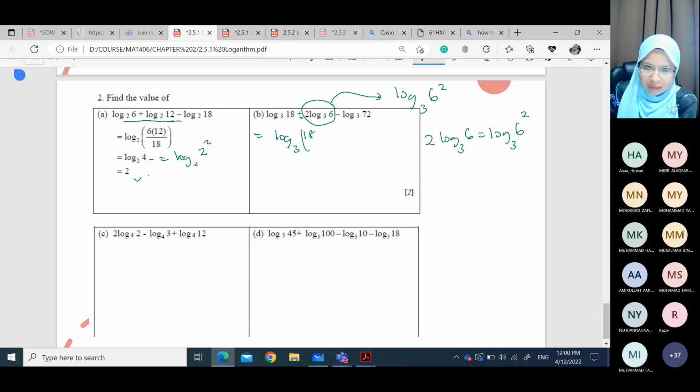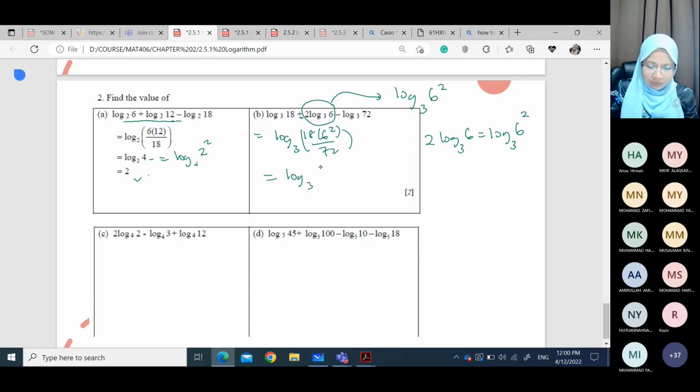Ini kita guna hukum yang pertama tadi. So now we have 18 times 6 to the power of 2 over 72. So nilai dia adalah log 3. So yang ni 18 darab dengan 36 bahagi 72. You akan dapat log 3 9. And the answer here is sama juga dengan log 3 3 to the power of 2. So the answer here is 2. So jawapan dia adalah 2.